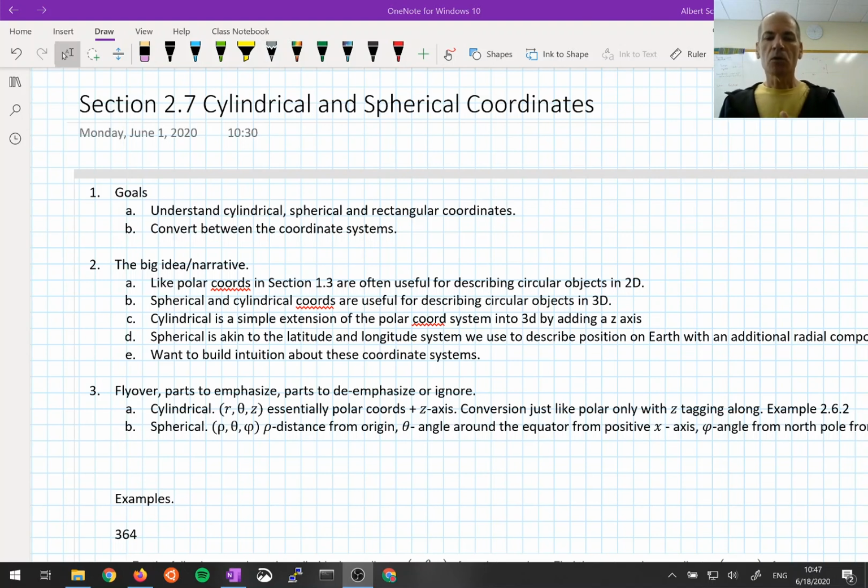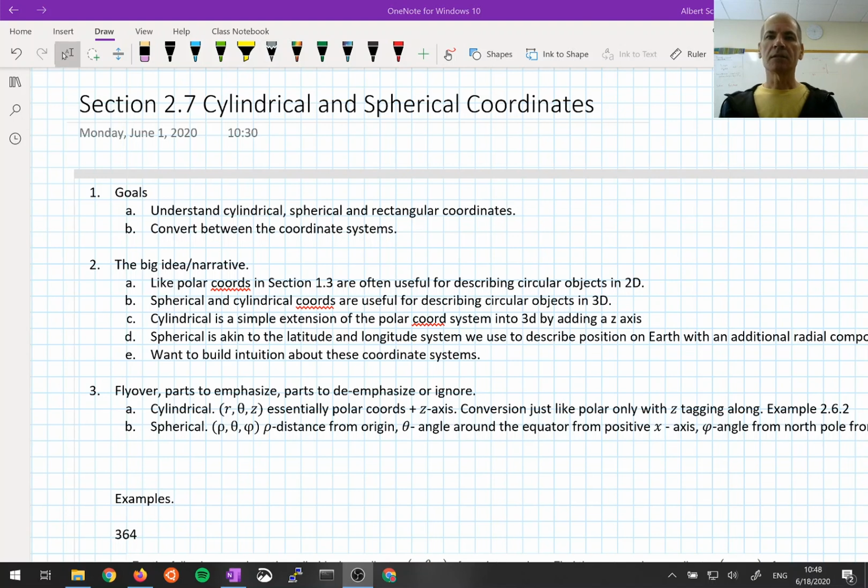The spherical coordinate system essentially relies on 3 parameters. In 3-dimensional space, you're always going to have 3 parameters, but those parameters describe different things. Unlike x, y, and z, where x describes motion along the x-axis, y along the y-axis, z along the z-axis, the spherical coordinate system has rho, phi, and theta.